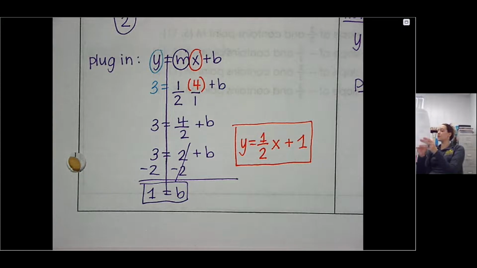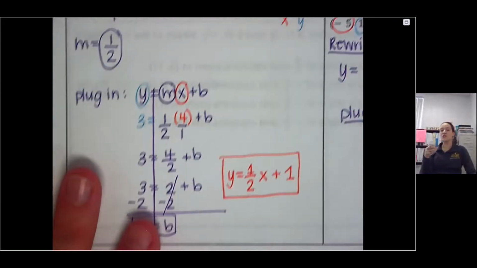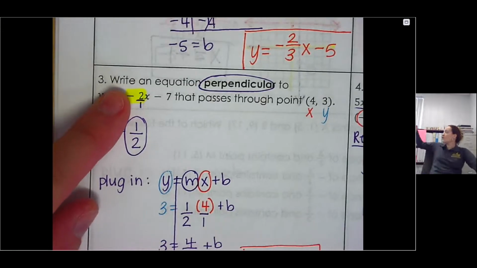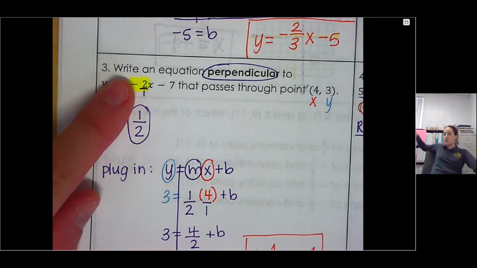So 4 times 1 gives you 4, and then 2 times 1 gives you 2. So it should be 4/2, top and then bottom. Okay, well, 1/2 because the slope is -2/1, and you flip it to be 1/2 and change the sign.